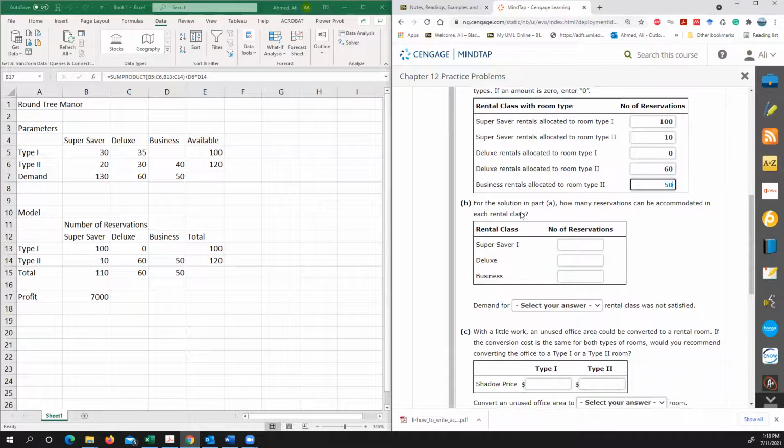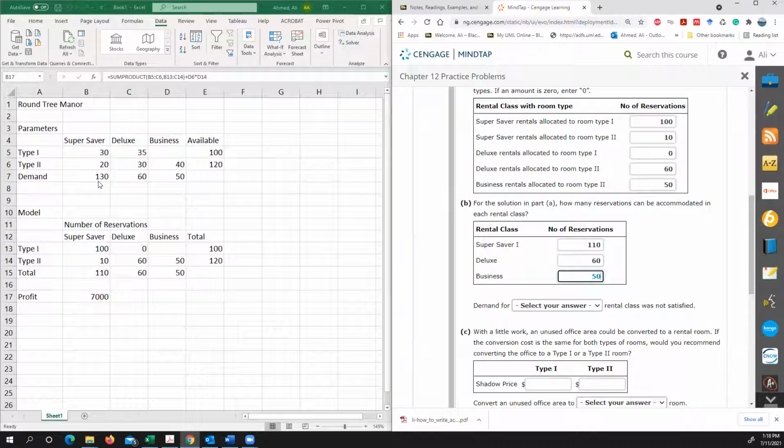Okay, for the solution in part A, how many residents can be accommodated in each rental class? So they're asking, since each rental class has a different demand, we cannot accommodate all of them based on our maximization problem. So we can just accommodate this much. The forecast is much higher, so they have to send them back.